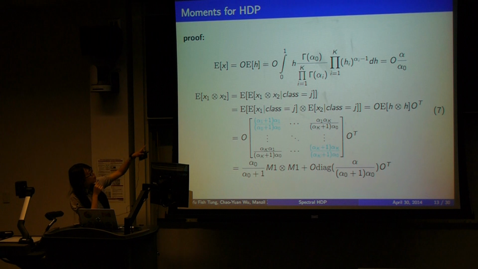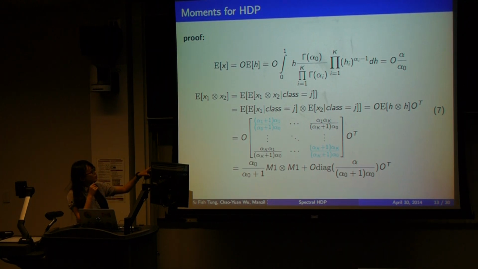So here for the first order moments, we can calculate the expectation over H by the Dirichlet distribution. And then we will find that it is actually alpha over alpha 0, which is a vector.